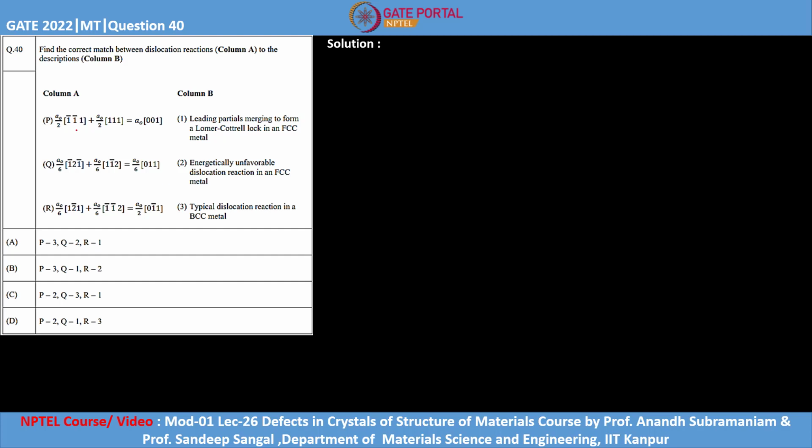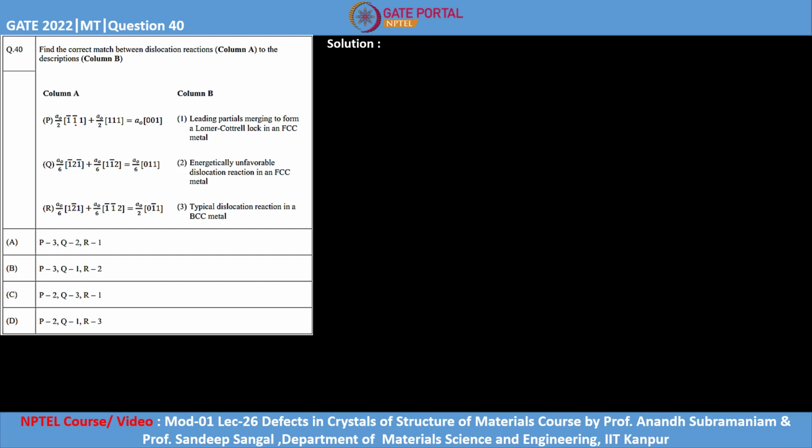So the first dislocation reaction, as you can see here, is two partial dislocations merging to form a complete dislocation. Now if you see the first option in column A, which is a dislocation reaction giving rise to different types of dislocation, by looking at the reaction you can at least say that this dislocation is moving in the 111 direction, right?